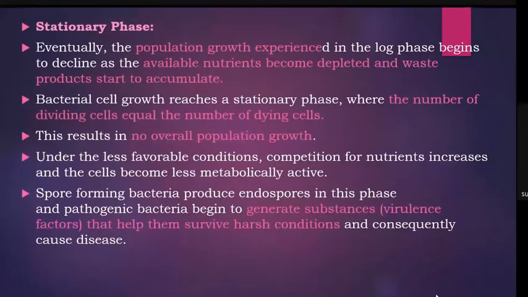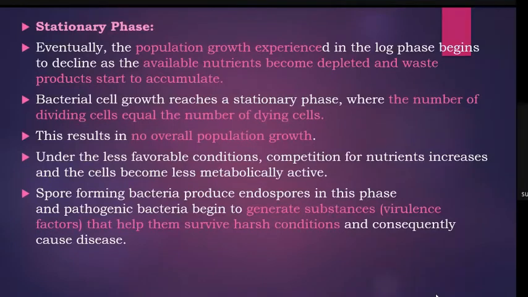Also, because of its metabolic activities, waste products will accumulate inside your media, because it is completely a batch process. Once you have prepared the media and inoculated it, you close everything and keep it as such. You're not going to add any nutrients in between.